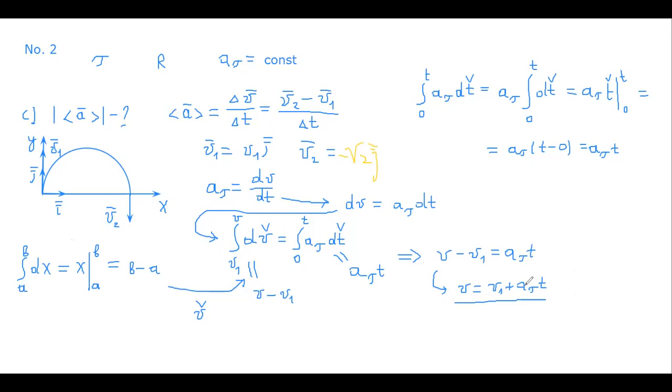According to this formula, we can write that v2 is equal to v when t equals tau, so v1 plus a tau tau.